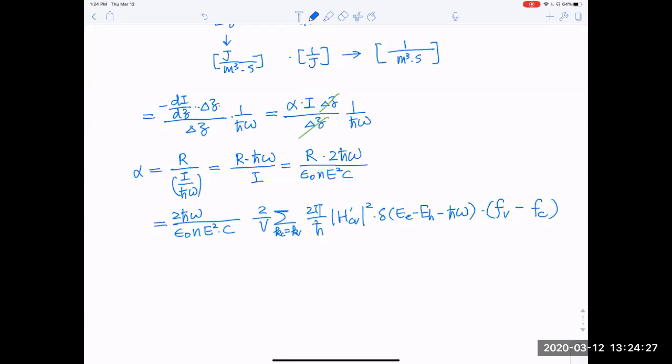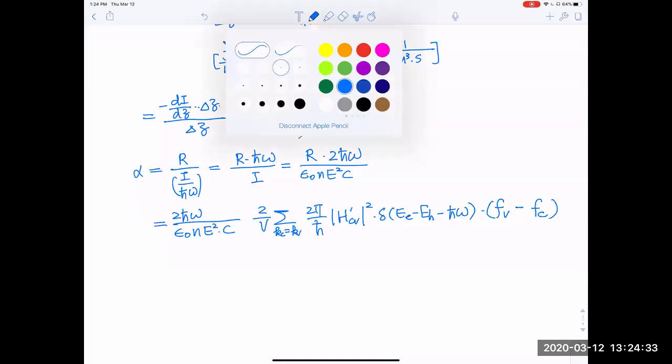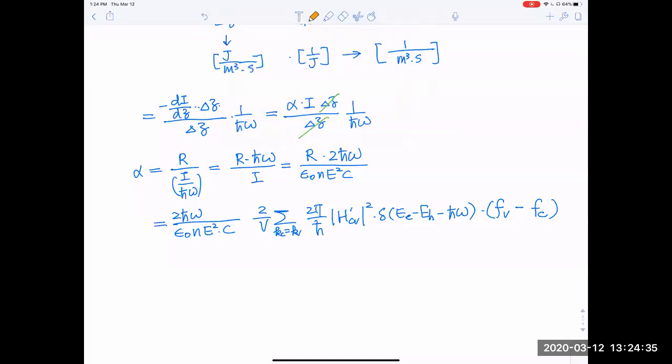And we can simplify this expression a little bit. First, we recognize that, in principle, you need to calculate the matrix element for every state.